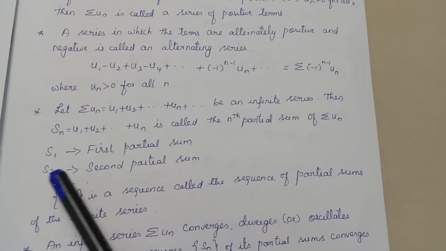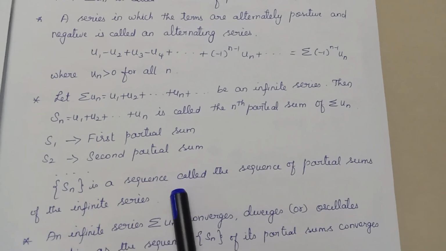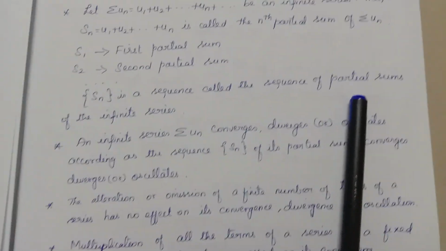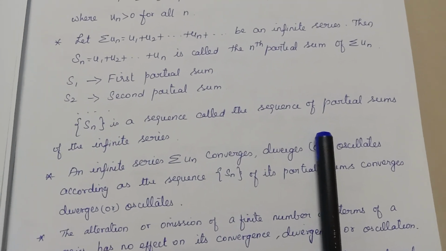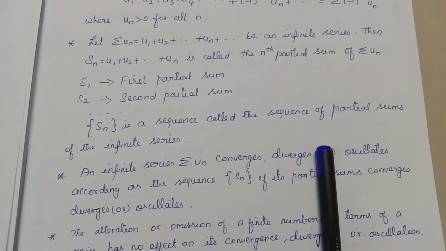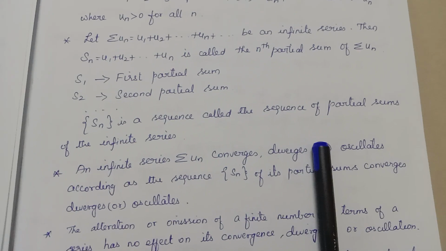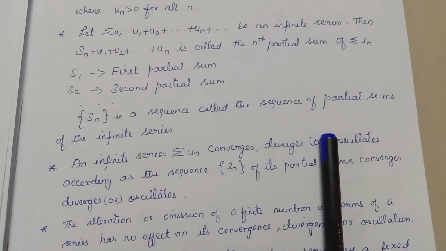In that way we get a new sequence, and that sequence is called the sequence of partial sums. So why do we bother about this sequence of partial sums? Whenever we talk about something which goes up to infinity in mathematics, we have to discuss its convergence. Then only we can talk about its validity.